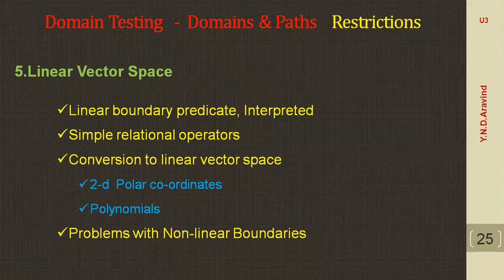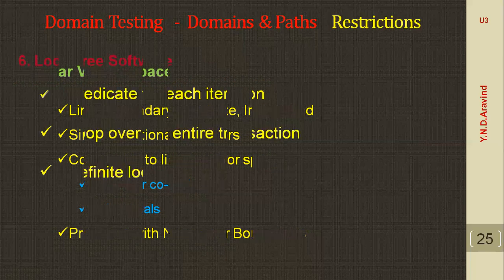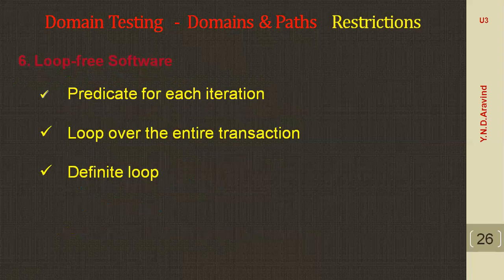Now, the next one is loop-free software. Of course, loops are problematic for domain testing. Here, the trouble with the loop is that each iteration can result in a different predicate expression after doing the interpretations. Which means that the possibility of domain bugs may change.